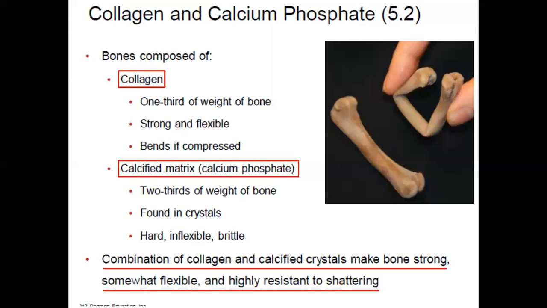So you need a perfect combination of collagen with calcified crystals stored throughout and around that collagen that makes bone really strong, just a tiny bit flexible, but really resistant to shattering. You need both collagen and calcium stored as these crystals to give bone its strong but just ever so flexible properties.